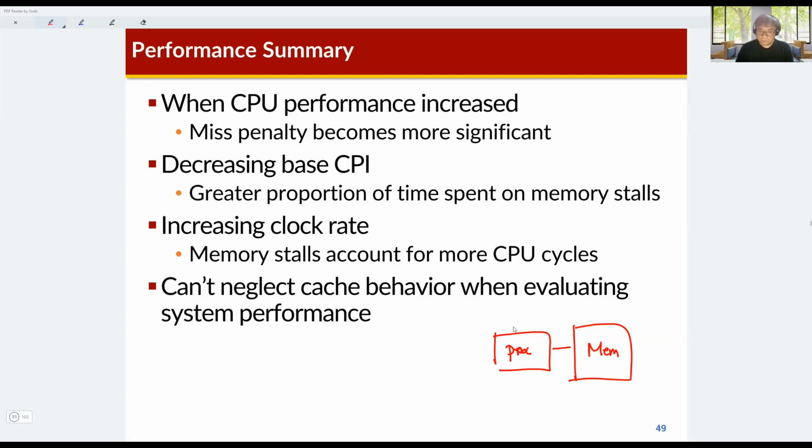That means the clock frequency of the processor is higher than the clock frequency of memory devices.